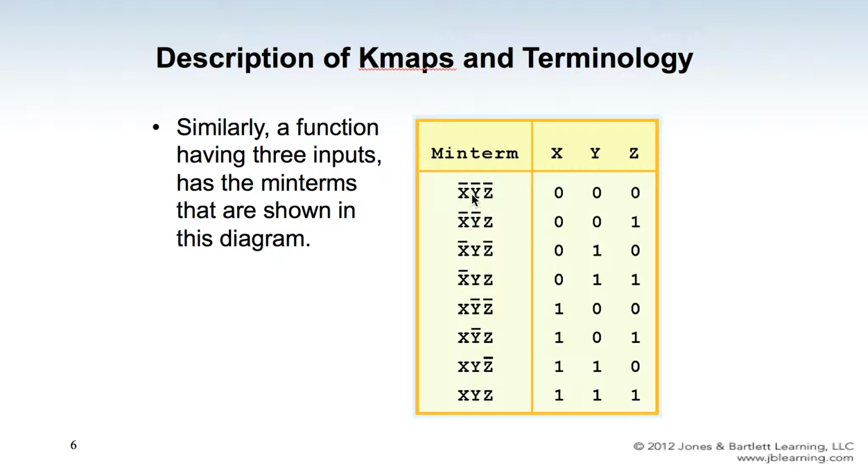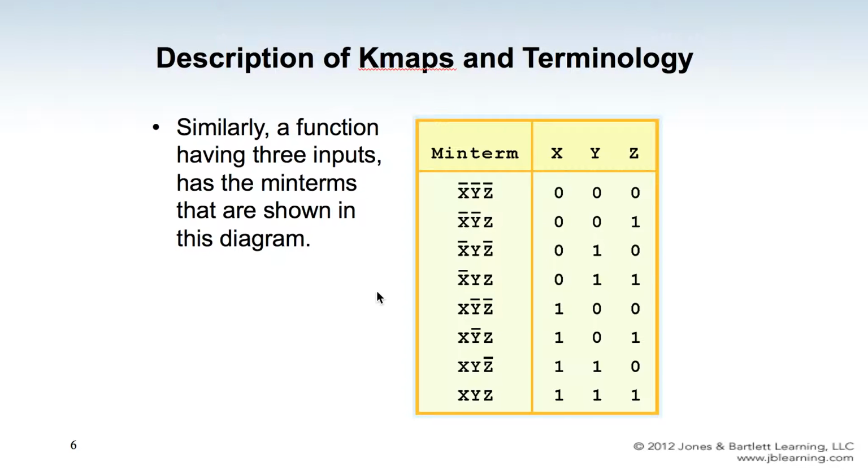So x'y'z' corresponds to the value of x, y, z equal to 0 0 0, then 0 0 1, 0 1 0, and so on to 1 1 1, corresponding to the minterm xyz. So for the three input variables x, y, z, we have 8 minterms.